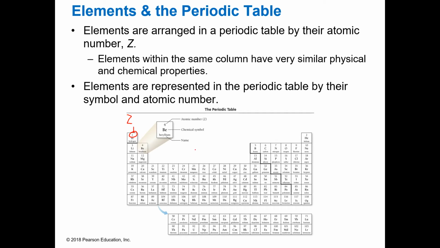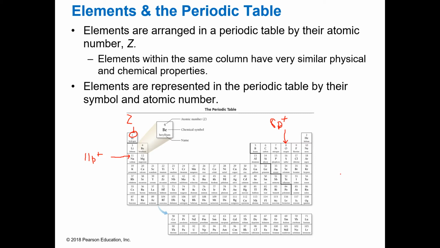So that's the one that tells you how many protons are in whatever atom you're looking at. You can see here for sodium, it has an atomic number of 11. So sodium has 11 protons. You can see here for oxygen, oxygen has an atomic number of 8. So oxygen has 8 protons.